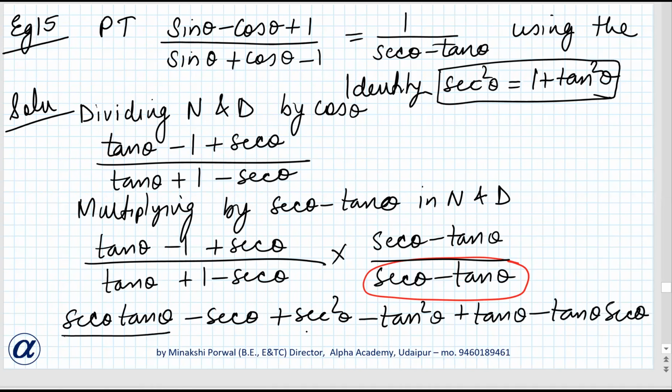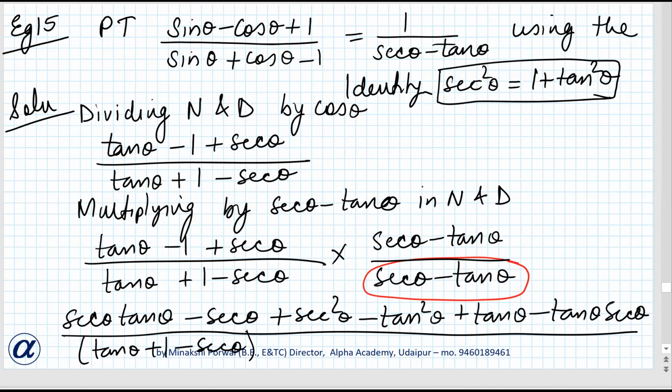In the denominator I'll not multiply anything. Now sec theta tan theta and minus tan theta sec theta will get cancelled. Next, sec square theta minus tan square theta is 1.